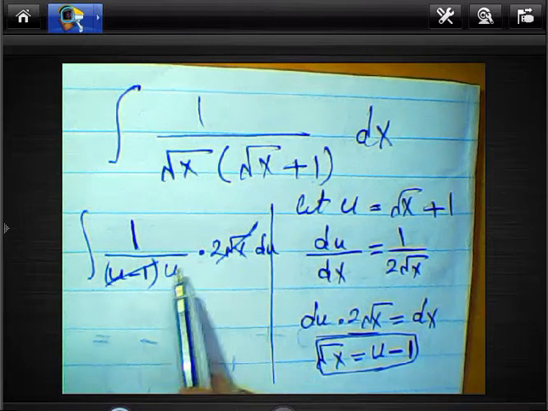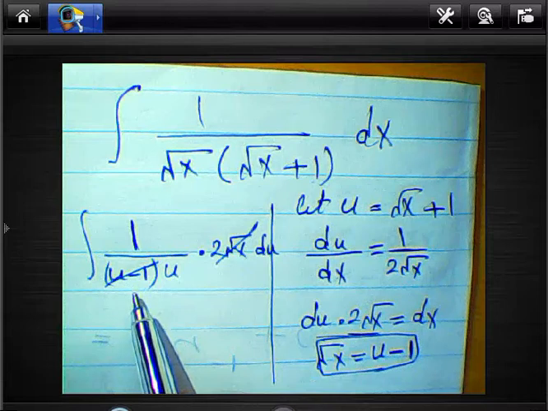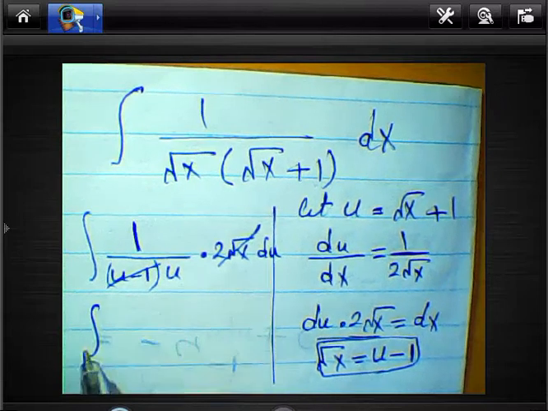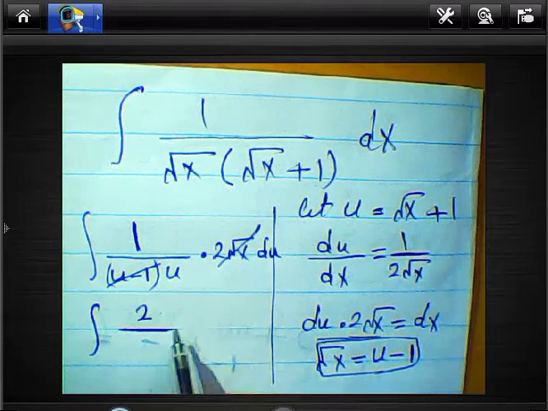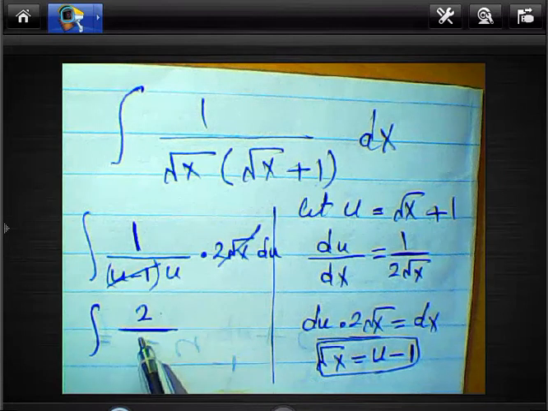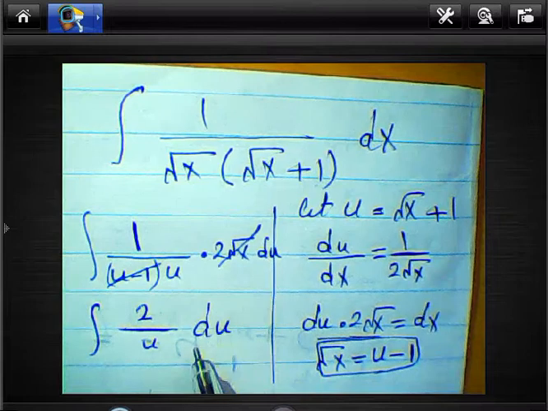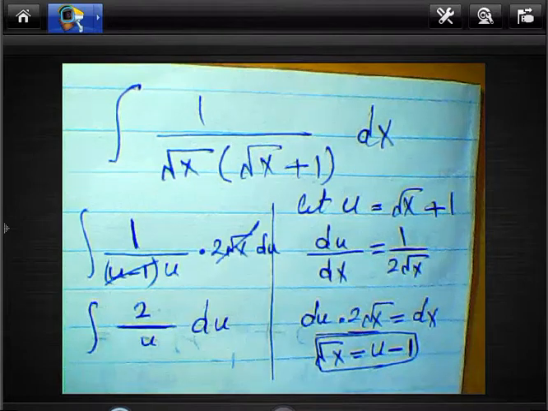Okay, and the result will be 1 times 2 equal 2 over u du, and we know 2 is a constant of this function.